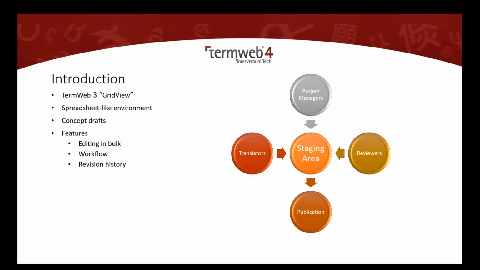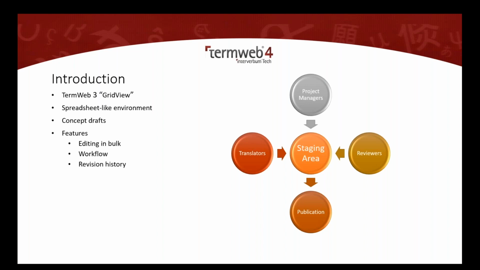There were a lot of features that we wanted to include when we developed this for TermWeb 3. One feature was, of course, like in spreadsheets, that you want to be able to edit in bulk. You wanted to quickly go through your translations, or change many of these fields at once. You also wanted these to be connected to the workflows, so anything that is published out of staging areas could enter our workflow or be affected by workflows.